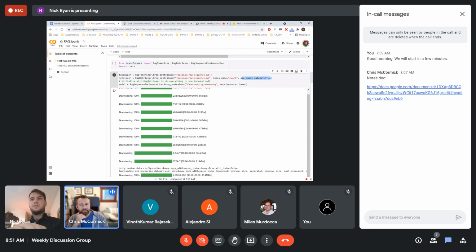Which is massive, or do they have a pared down version? Yeah, it's not the full one. It's pared down, but it is loading both the text and the pre-computed Faiss indices. So it's loading both the text and the index, because it has to use the text to feed to the generator. So it takes a little while. It's not the full thing, but it's a pared down version.